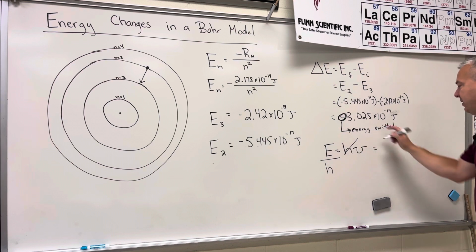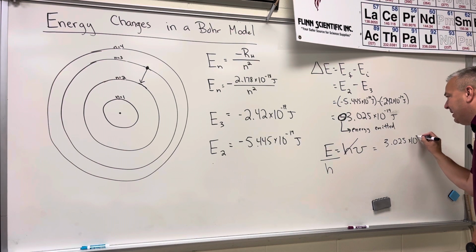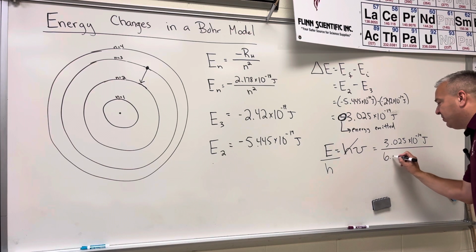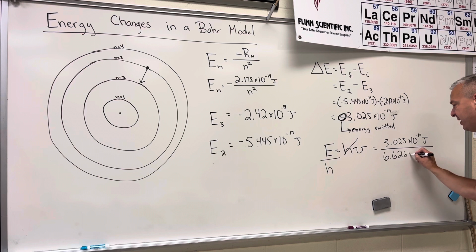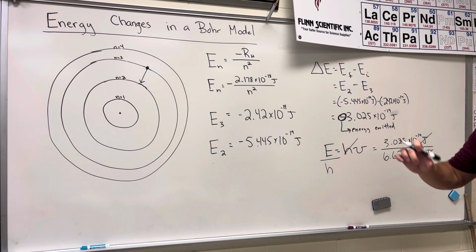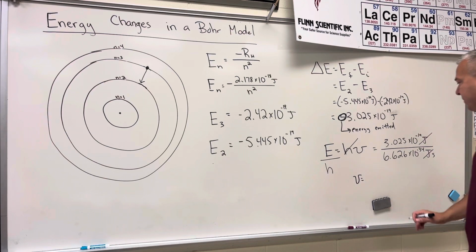So the energy, 3.025 times 10 to the negative 19 joules, divided by Planck's constant, which is 6.626 times 10 to the negative 34 joule seconds. You will see that the joules cancel out, and I'm going to have seconds in the denominator. Now, if seconds is in the denominator, we call that a per second, which is the appropriate value for a frequency.